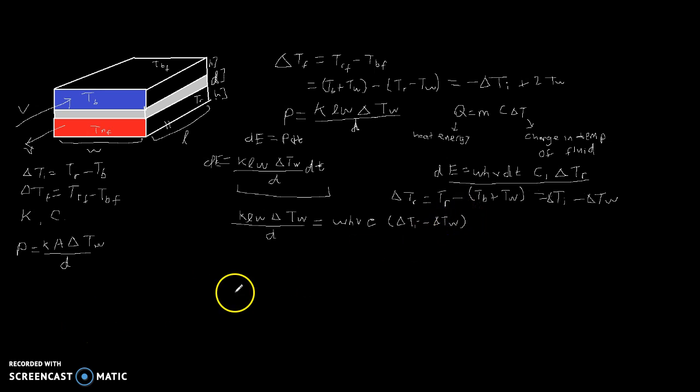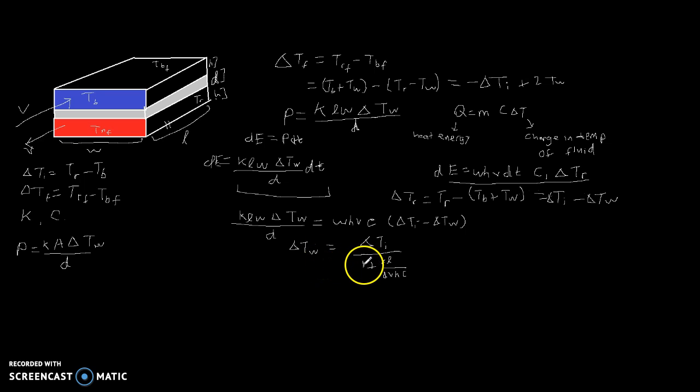And I do want to keep this video short, so this is just simple single variable algebra, and when you solve for delta TW, you will get that delta TW is equal to delta TI over 1 plus KL over D V H C. And in the end, we do have our equation for our final difference in temperature, which is negative delta TI, the given constant, plus 2 times this delta TW that we have found.